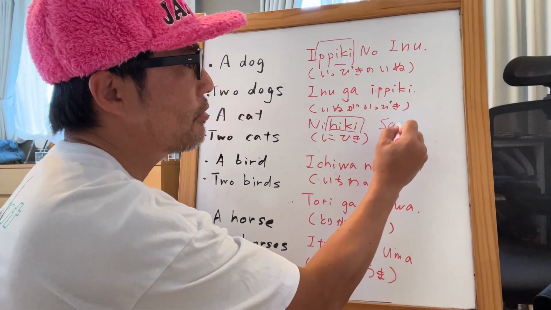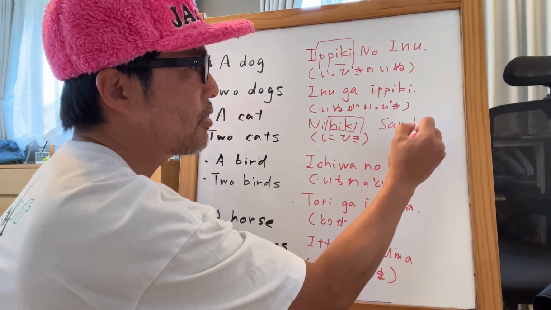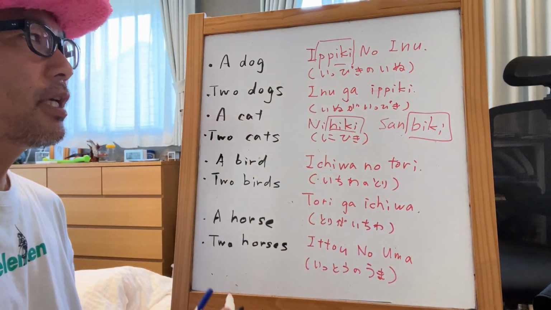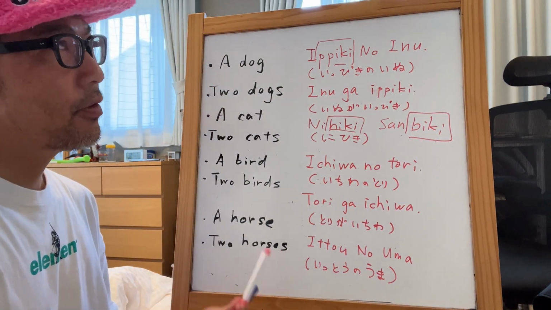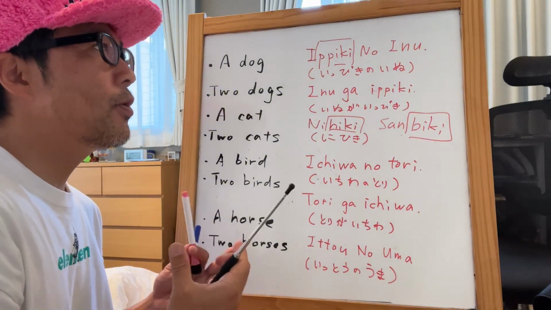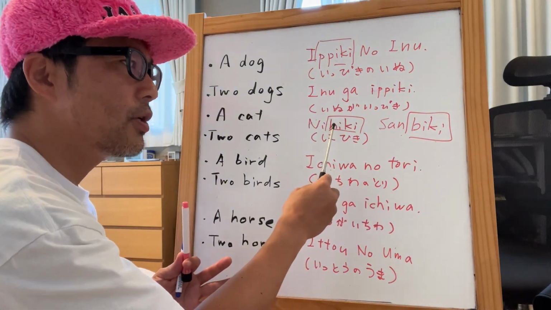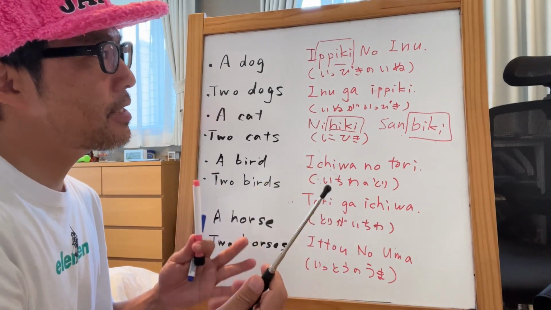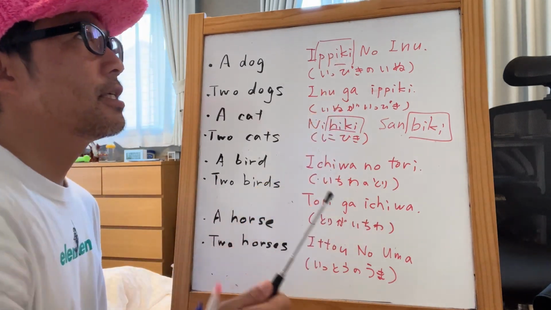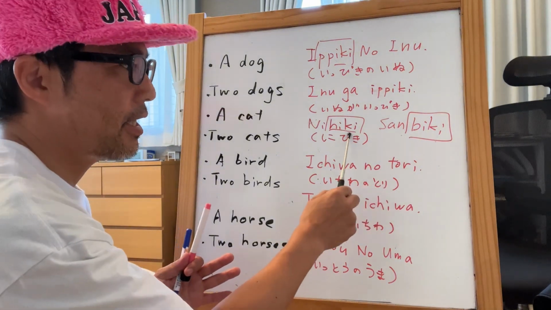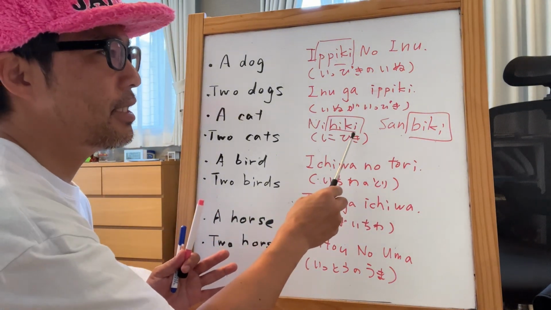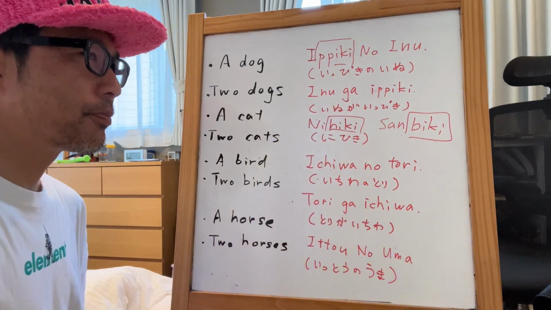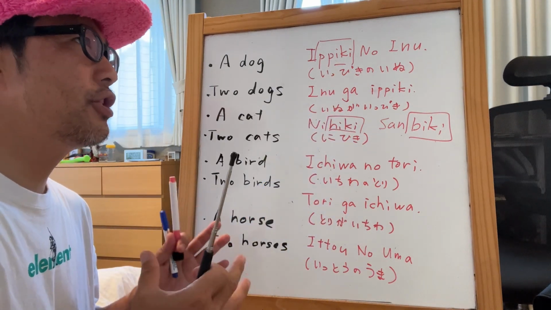If you count to 3, it's going to be san biki, and then for 4 dogs, yon hiki, 5 hiki, 6 is roppiki, 7 hiki, 8 is happiki, 9 hiki, 10 is juppiki, 11 hiki, 12 hiki.